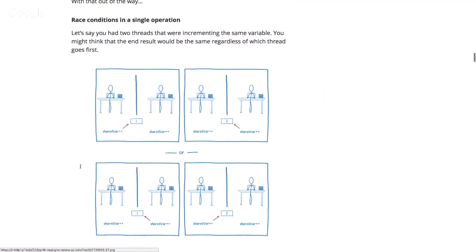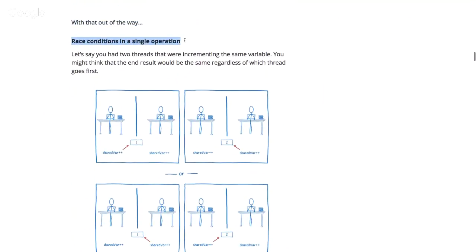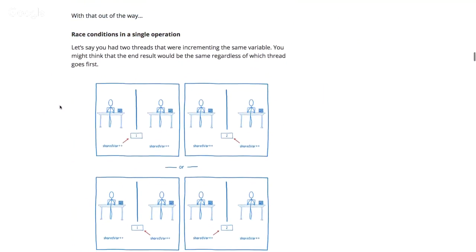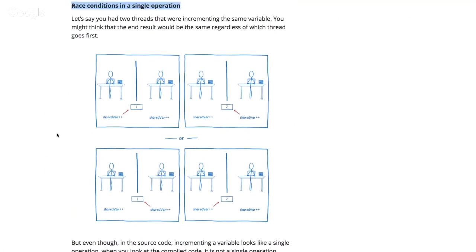So with that out of the way, race conditions in a single operation. Let's say you had two threads that were incrementing the same variable.